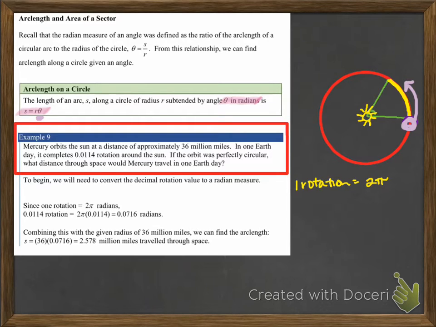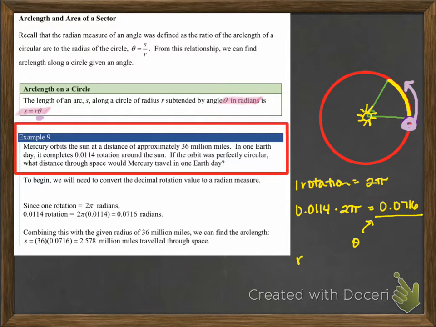In my problem I had 0.0114 rotations, so I'm going to multiply that by 2 pi to convert it into radians. And this is where I get 0.0716 radians. So now I know my radians, which is my theta value.